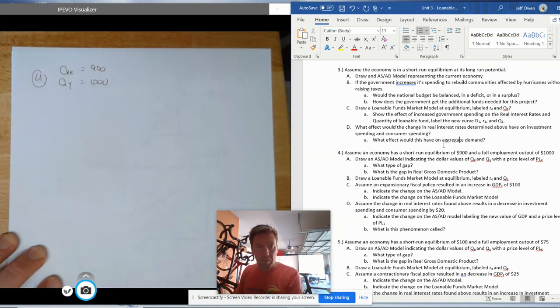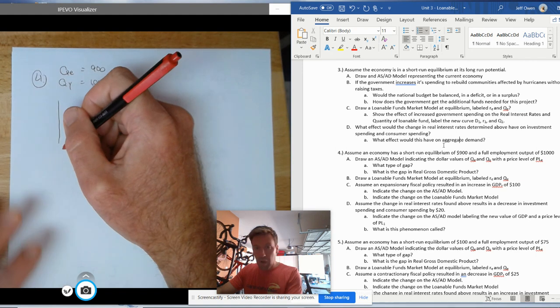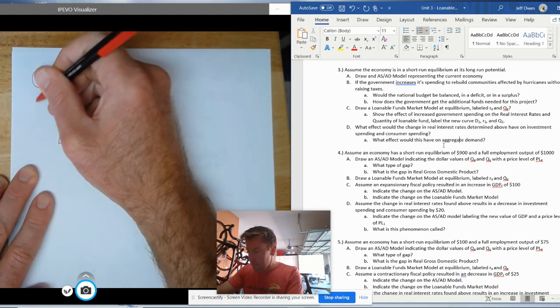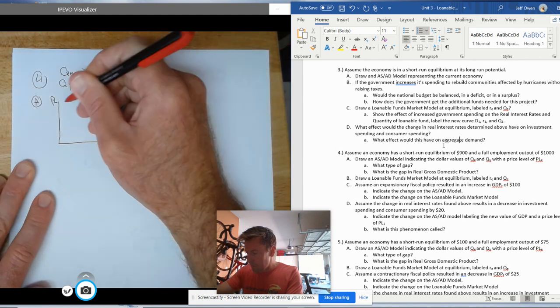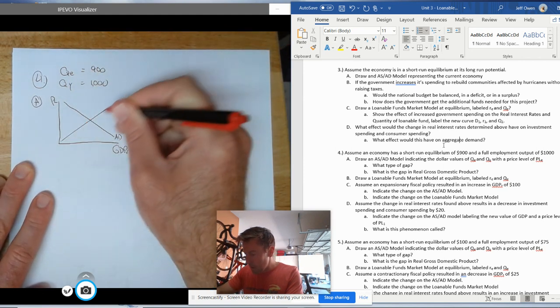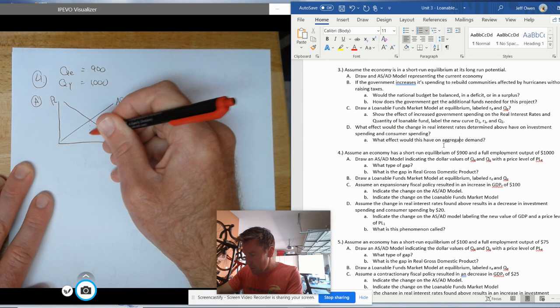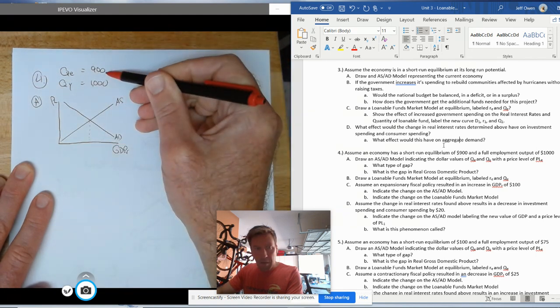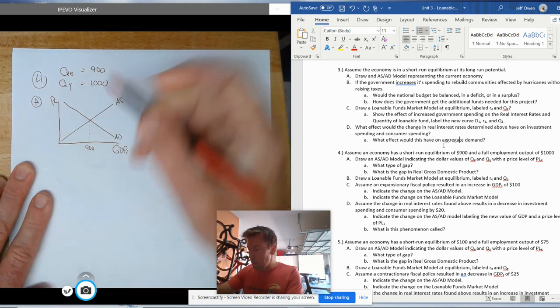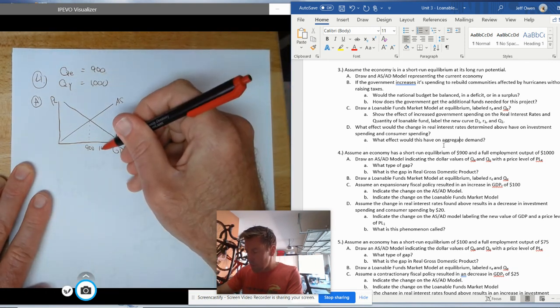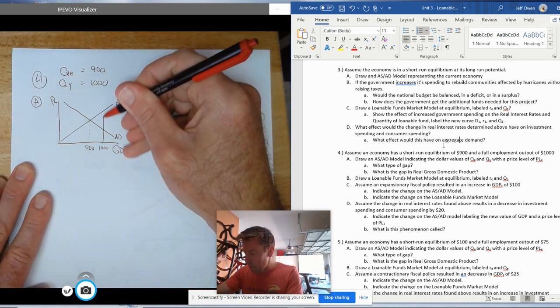So draw that out for part A. Price level, GDP, AD, AS, my QE, my short run equilibrium, my current output is at 900, but my economy should be producing at 1,000.